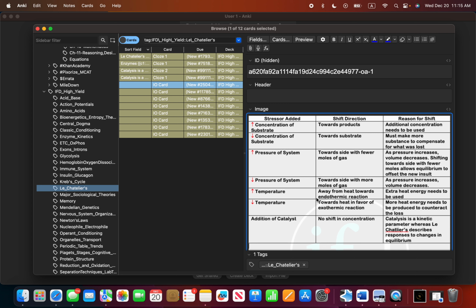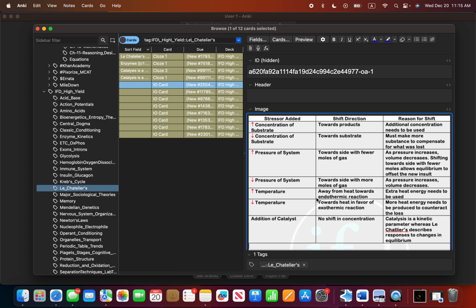So when you are increasing the temperature, you figured out that you will move away from heat. Why? Because the extra heat energy needs to be used.